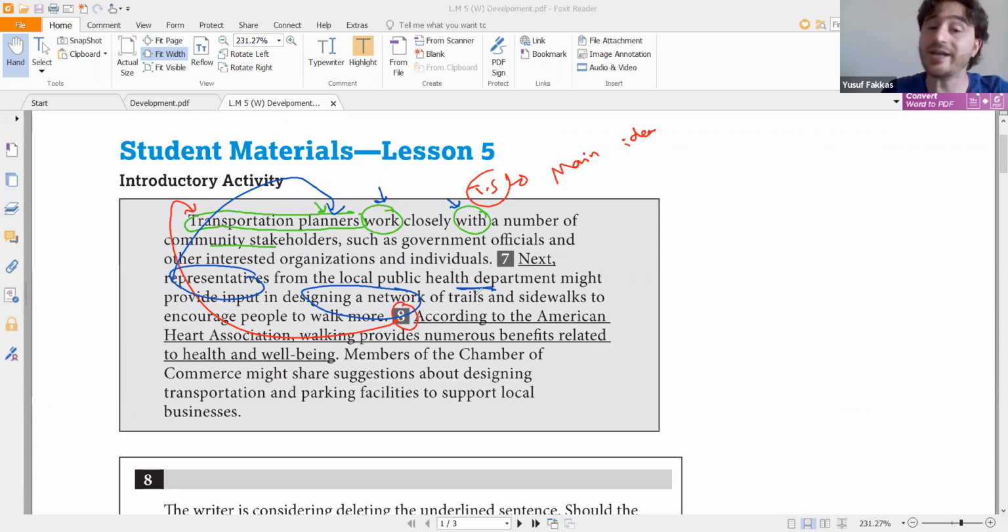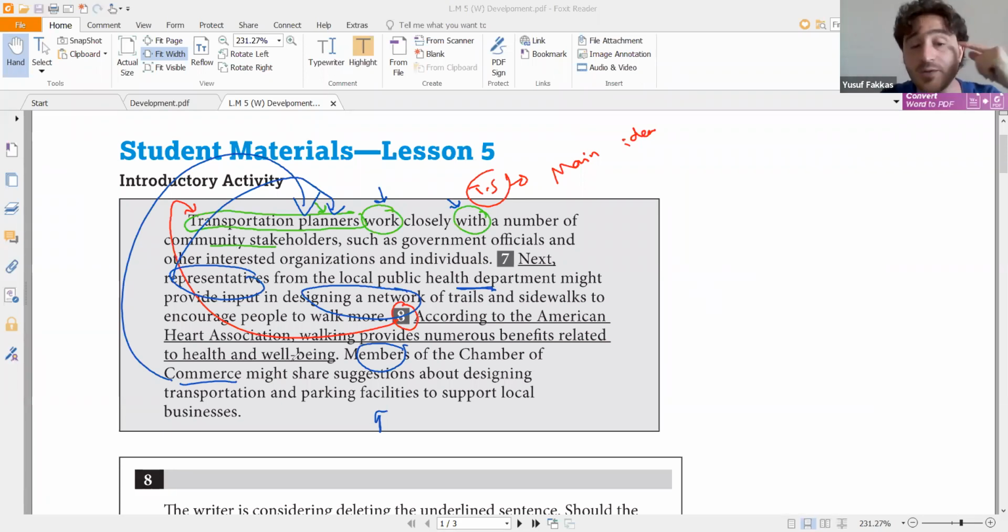Now, we can do question number 8, but to show you how also it should work, we can skip the underlined part and read the next sentence because we are not supposed to change anything about it, which means it's already correct. Then they mention members of the Chamber of Commerce. Again, why did they mention these members of the Chamber of Commerce? Look, it directly supports the main idea to give another group of community stakeholders who work with them.